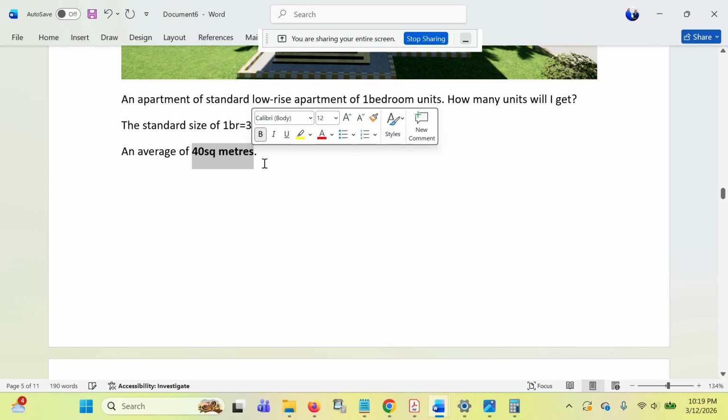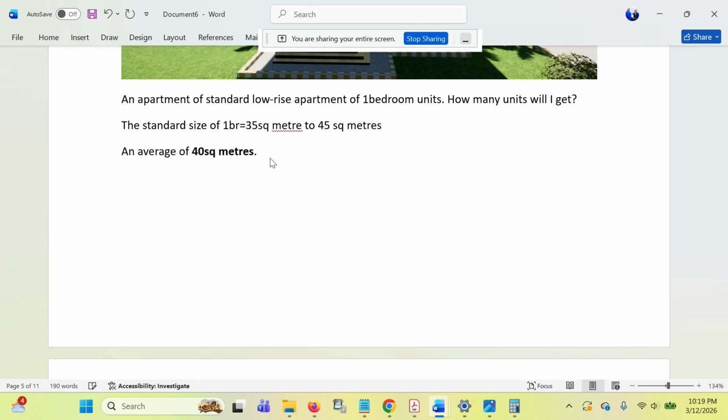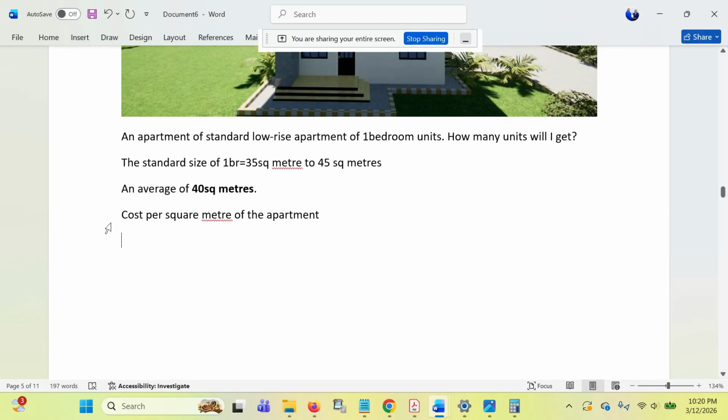For this analysis, let's use an average area of 40 square meters. Okay, so this information is also important. This one is important. The other thing is cost per square meter of the apartment.